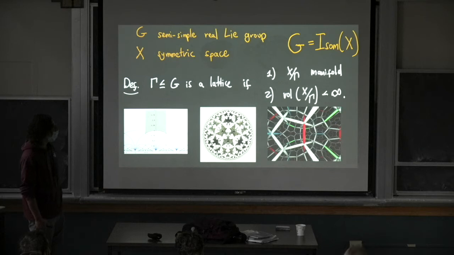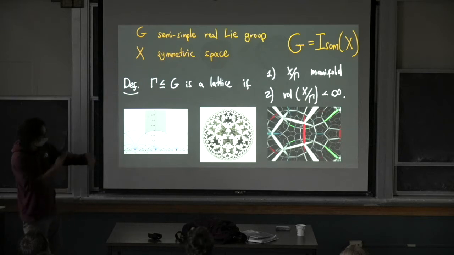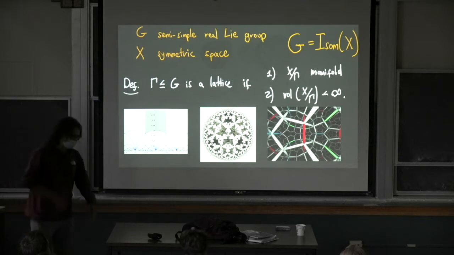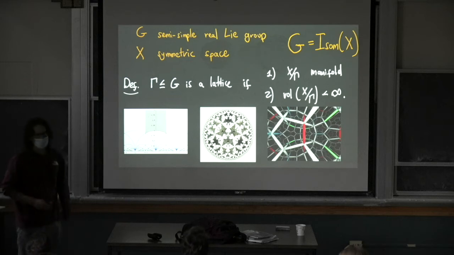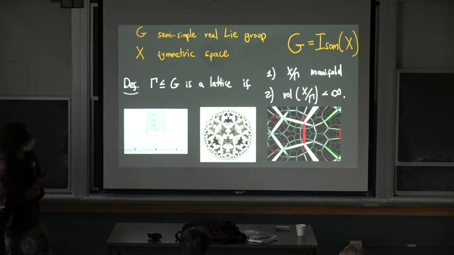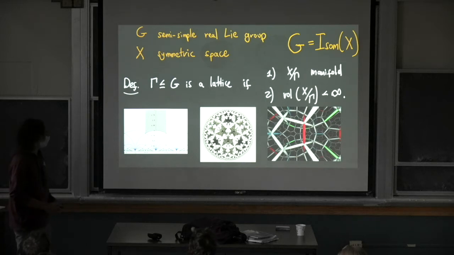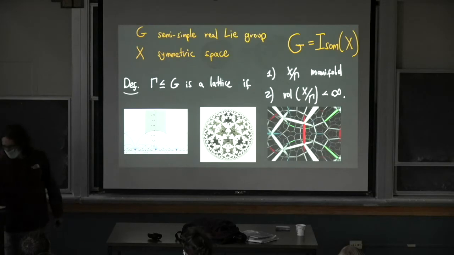You could obtain it with a dodecahedron in 3-dimensional hyperbolic space, and you take reflections and you get this tiling. The group of reflections would correspond to this group gamma. And the second one is people having fun with the hyperbolic plane.